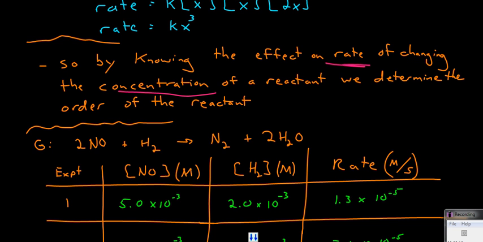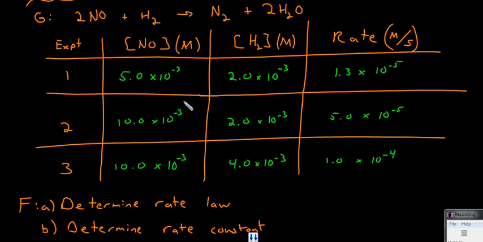So, what happens if we double the concentration of NO? What happens to the rate of the reaction if hydrogen is held constant?